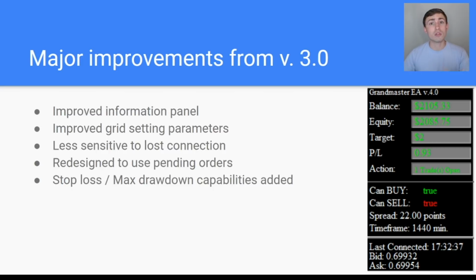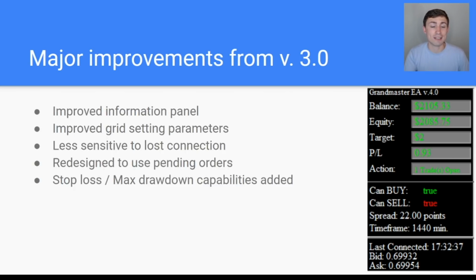Now you can just put the chart back together, or put the bot back on the chart, and it will pick up where it left off, which is incredibly useful for me too, because every once in a while my internet connection would go out or something would happen and I'd have to restart the bot. This now shouldn't be too much of a problem and is definitely a better design than the previous version. It's also been redesigned to use pending orders for that same reason.